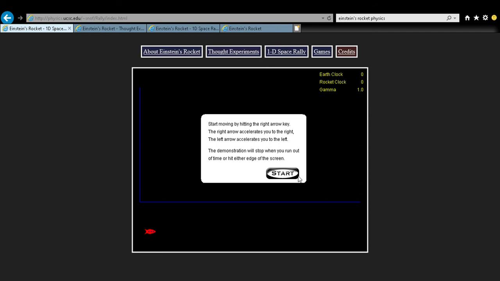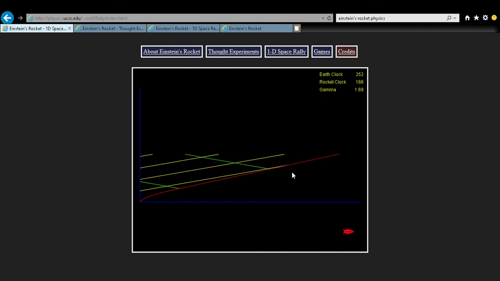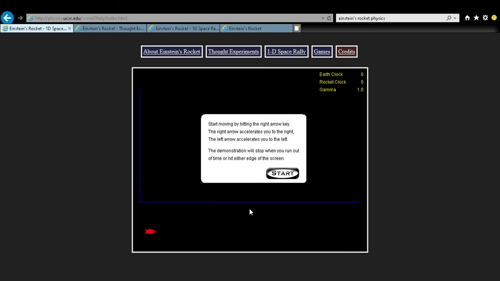Let's try that out. That's close enough. As you can see here, as we expected, a much steeper slope and a bigger difference between the rocket and Earth time.